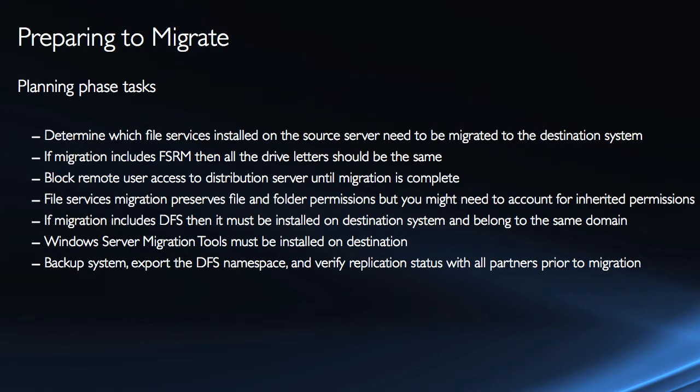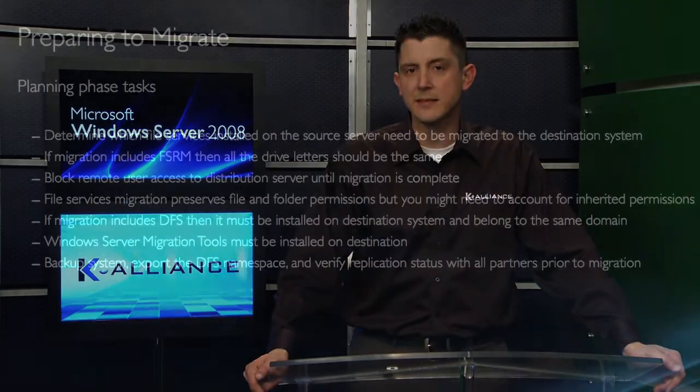Next one, if the migration includes the file server resource manager, then all the drive letters should be the same. Now this is if you're coming from 2003 R2 or 2008 to 2008 R2, then you're using file server resource manager most likely. We just need to make sure that the drive letters are consistent. Even if it's local storage versus SAN, they still need to be consistent.